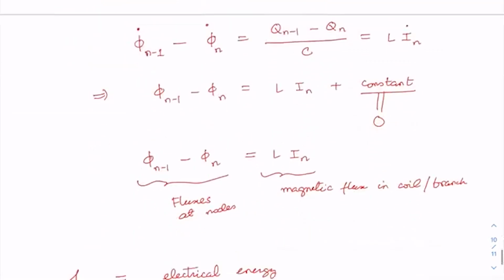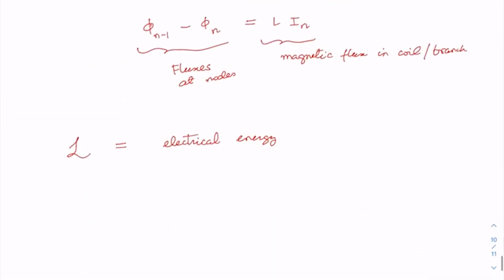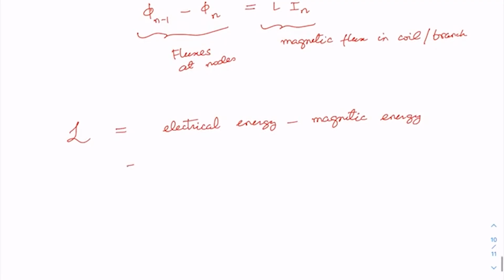Now here it would be the reverse, electrical energy minus the magnetic energy, and I have to sum up this energy difference at all nodes.